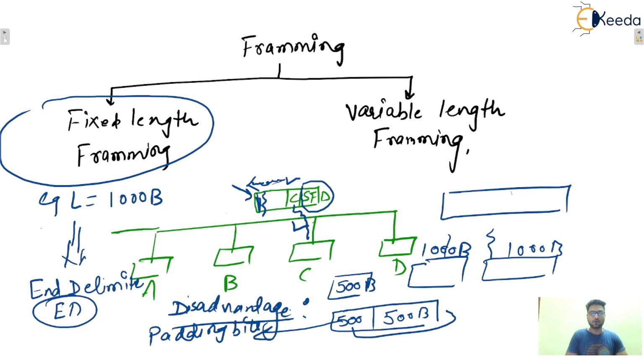So whenever data comes with length less than 1000 bytes, some padding bits will be required. That will be the overhead, since other than the data we are using some extra bits. So that problem is known as internal fragmentation. That is fixed length framing.